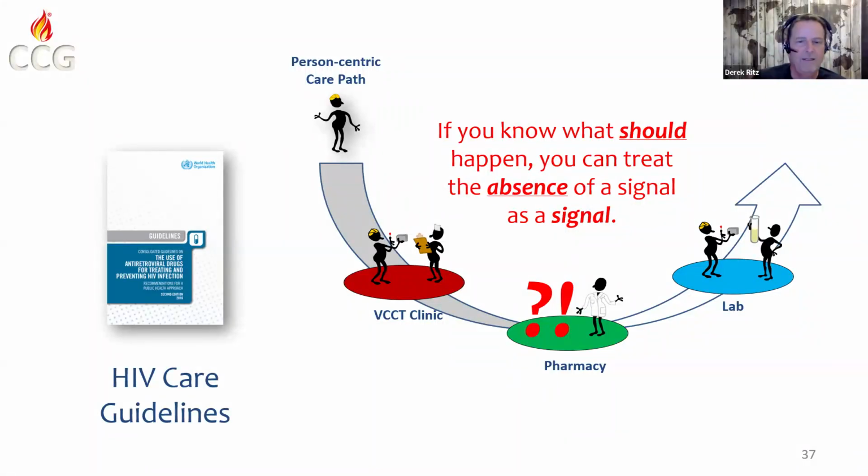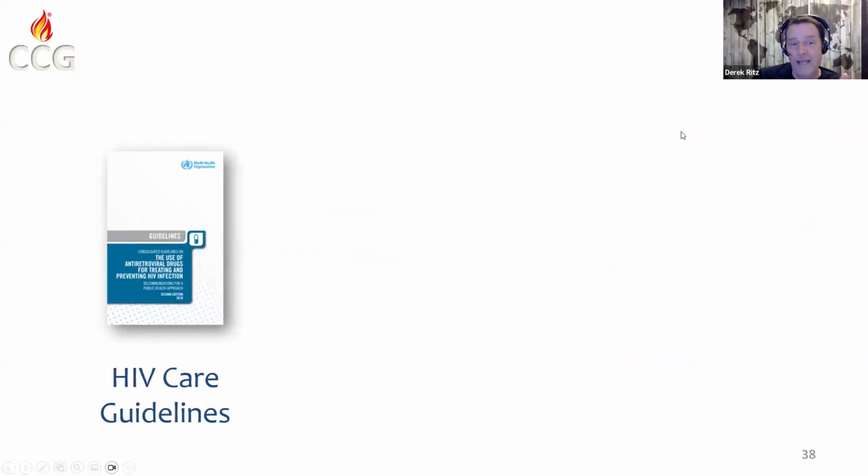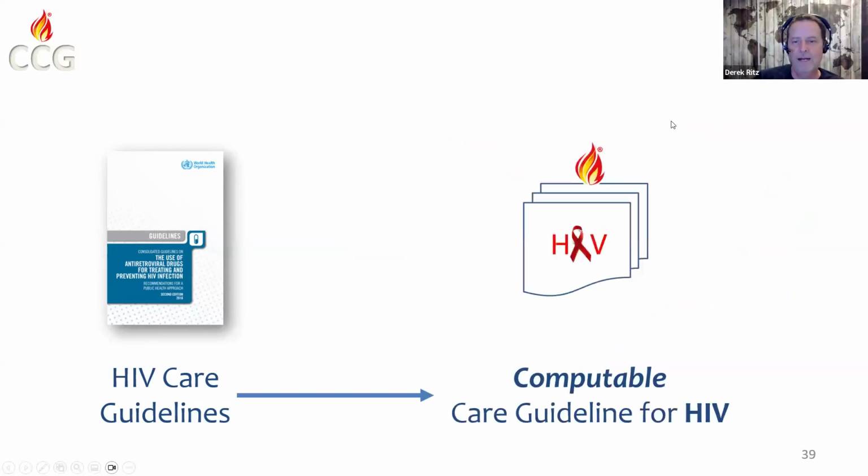If you've been dispensed 2 months of antiretroviral medicines, and it's now been 3 months since those were dispensed to you, and you haven't shown up to renew your prescription, I can treat the thing that didn't happen as an actionable signal because I know it should have happened. It's astoundingly powerful.